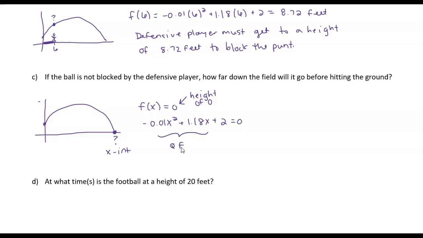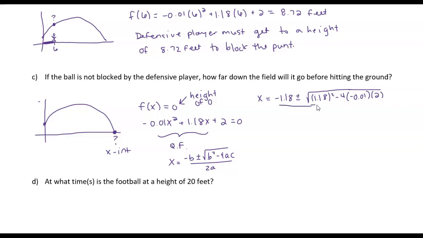So that means we can take this function here, set it equal to 0, and solve. We're going to have to use our quadratic formula to solve this. We know the quadratic formula is negative b plus or minus the square root of b squared minus 4ac, all over 2a. And we're going to pull our a, b, and c from the function. So we're just going to set this up with our values in there for a, b, and c, being very careful that we get all our negative signs in there and so forth.